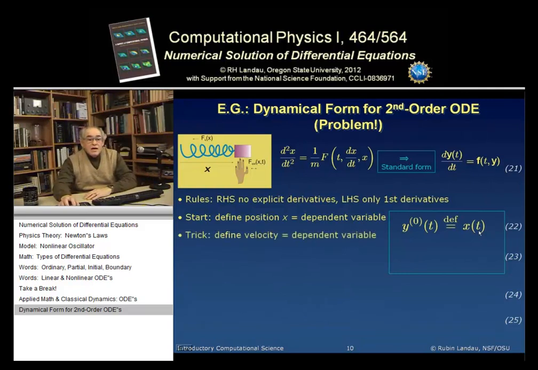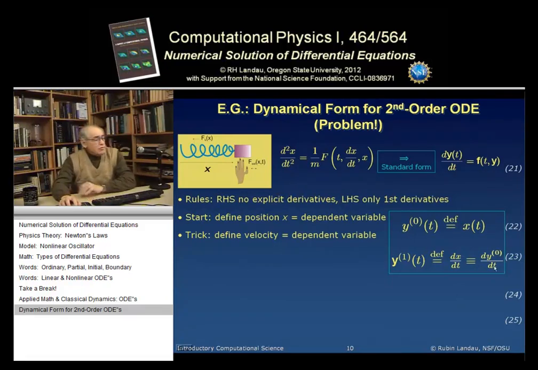And here's the trick. We'll define the velocity, which is the derivative, to be the second component of y. So we've said y must be an array, must be a vector. Its first component is the obvious one, x. The second component, by definition, is the derivative dx with respect to t, which we know is just the derivative of y0 with respect to t.